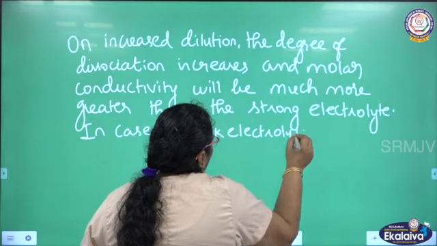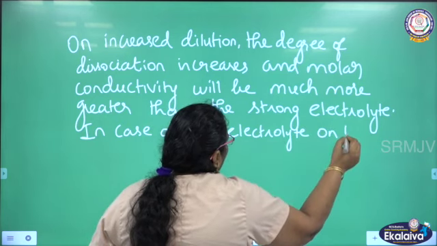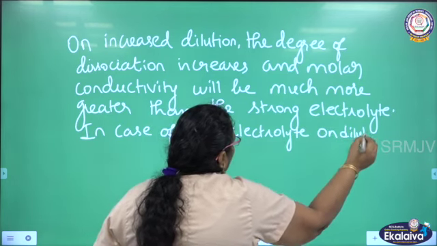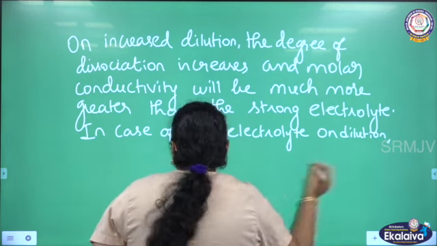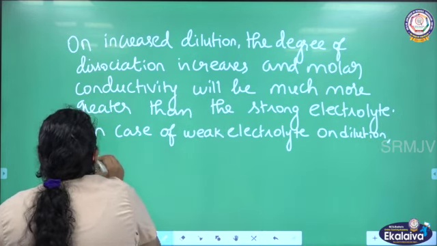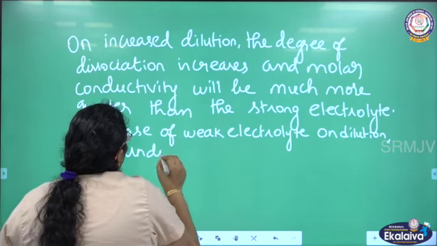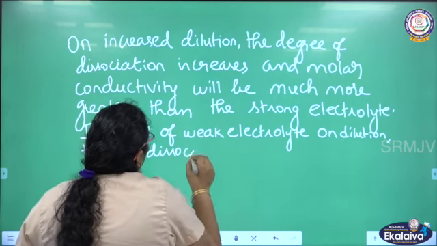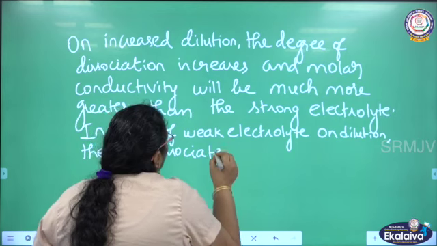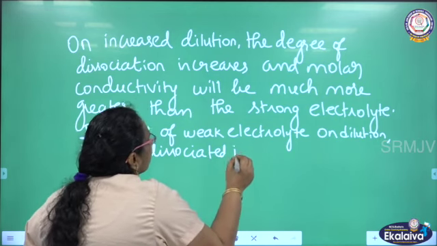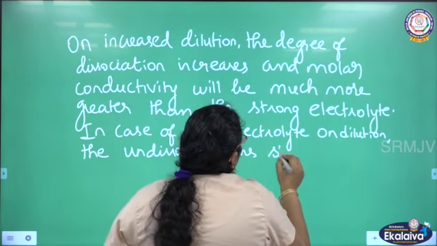So, in case of a weak electrolyte, on dilution, the undissociated ions start to dissociate.